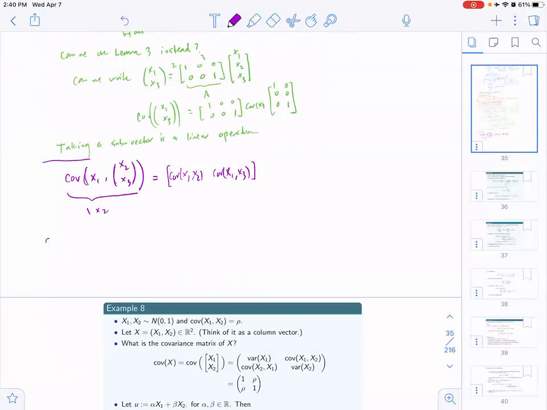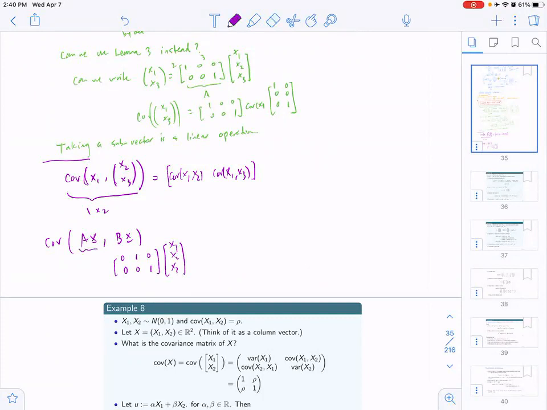So can I write it as the covariance of, let's say, AX and BX? Can I write x1 as AX and the other one as BX? For the other one you already have some idea. This is like 0, 1, 0, 0, 0, 1, just like the one that we did before, times x1, x2, x3.